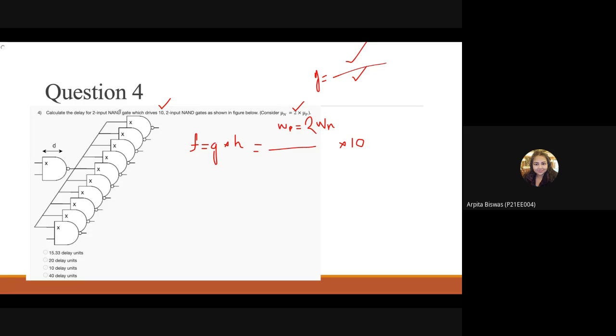It means two NMOS and two PMOS are participating. For the inverter, one NMOS and one PMOS are participating. For NMOS there is one, but for PMOS, what is the value? It is twice of WN, so the value is 2. So now tell me what is the value of F? 2 plus 2 is 4, and this is 3 into 10. This is the way to calculate this F.